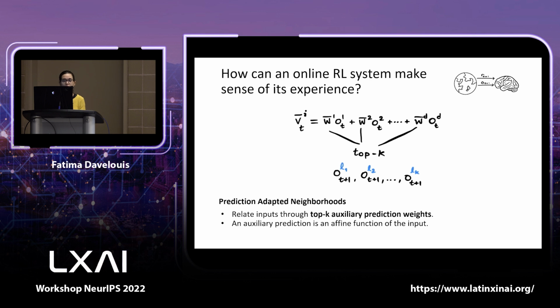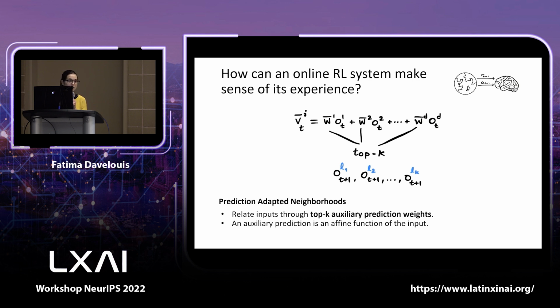Okay. So as I mentioned, the general value functions are linear functions of the observations. We are going to take the top k weights of each general value function and take their corresponding observation components. So these are what we call a neighborhood. They're not a neighborhood in Euclidean space, they're just a subset of the observations that correspond to the highest auxiliary weights.